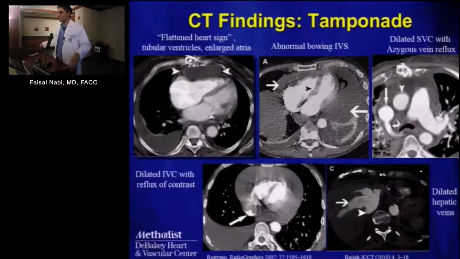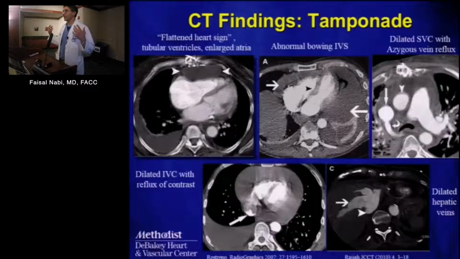If you just remember the basic pathophysiology of tamponade, you have poor forward output and you have elevated filling pressures. So, these are just some classic 2D morphological imaging findings that we would see both by CT and CMR. You would see a large effusion. You may see compression of the heart, what we call the flattened heart sign. You may see abnormal bowing of the septum, indicating ventricular coupling and dissociation of the intrathoracic and intracardiac pressures.